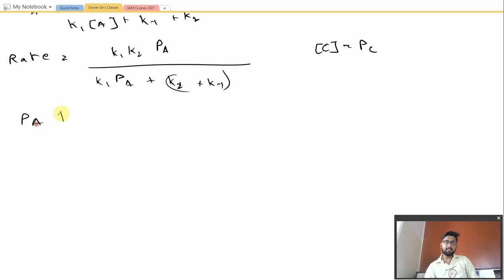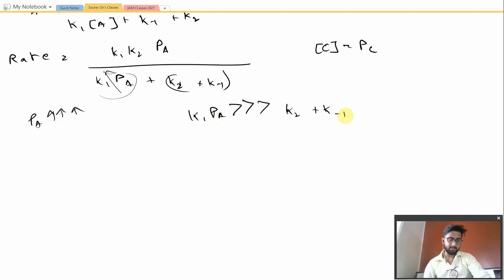So PA is extremely high in this case. So K1 PA would be extremely higher than K2 plus K minus 1, and therefore we can neglect those terms when added to K1 into PA. As PA is very high, K1 PA is much greater than K2 plus K minus 1.